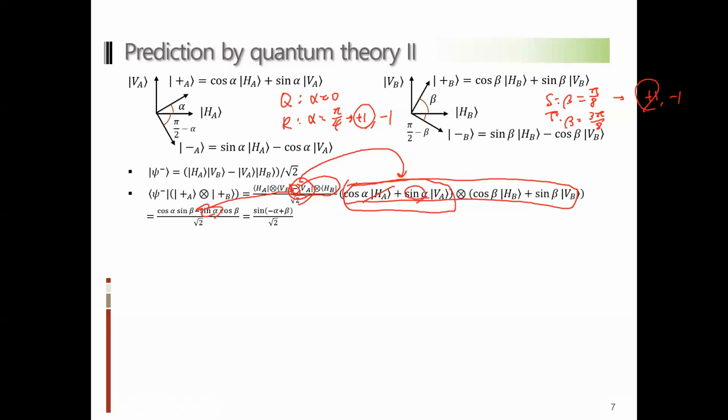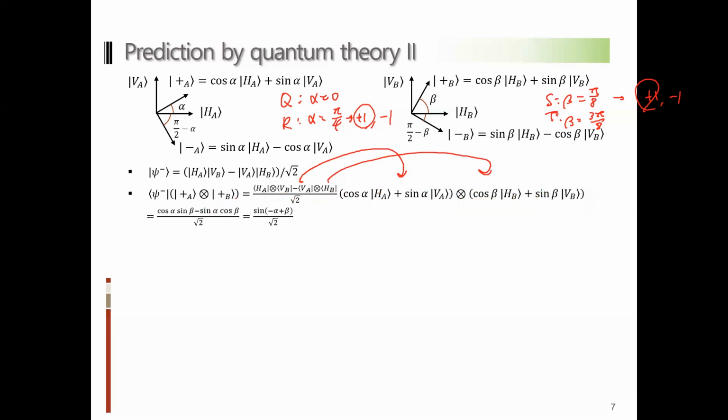So we have sine alpha, and then the HB will be multiplied on the second part. Because H will survive as 1, we will have this cosine beta, but HV will become 0, so this term will go away. That's why we have cosine beta here.